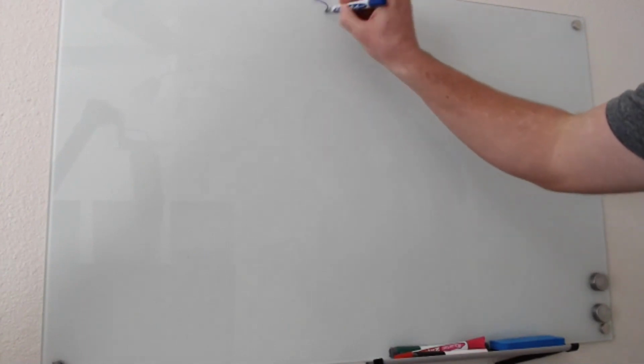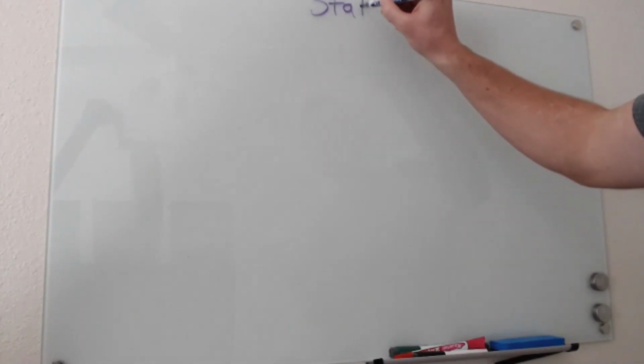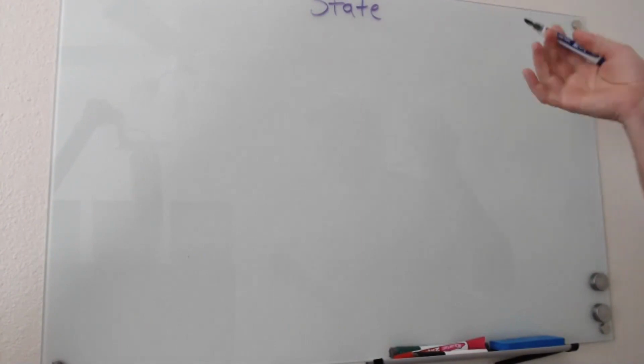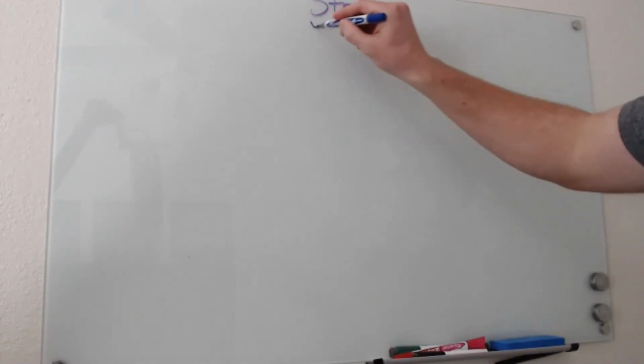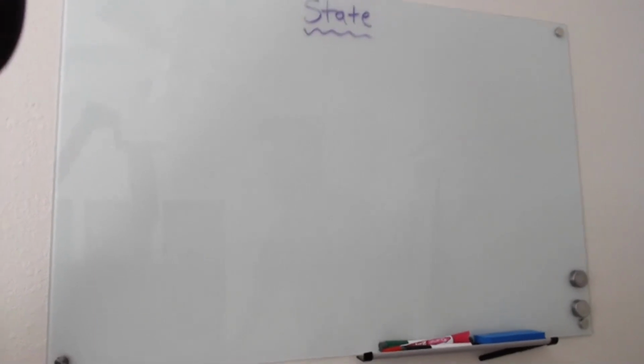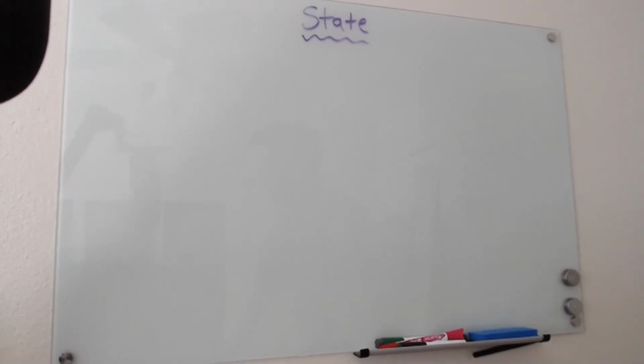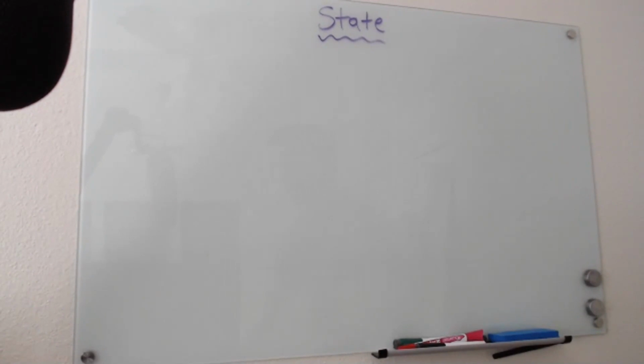So, state is hard. The entire reason that we even have Redux in the first place is because of state. Let's see if I can move this backwards any more. There we go.